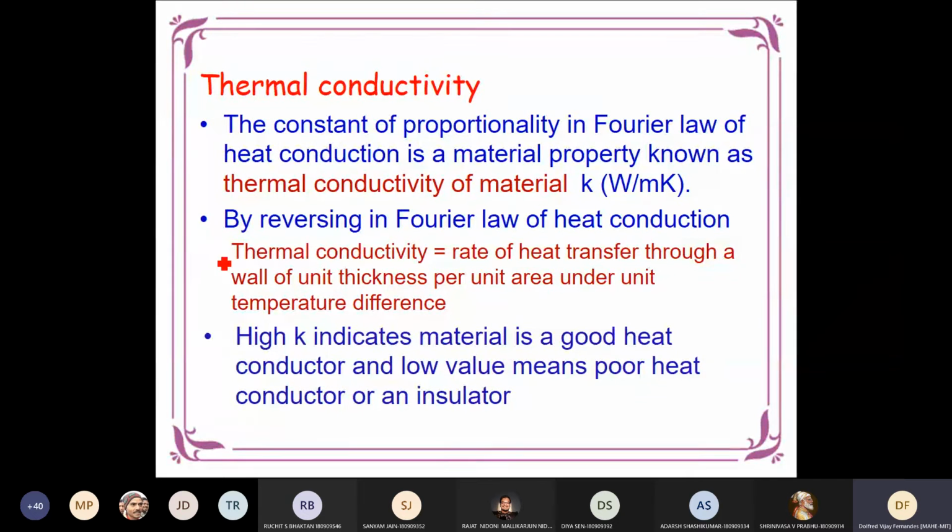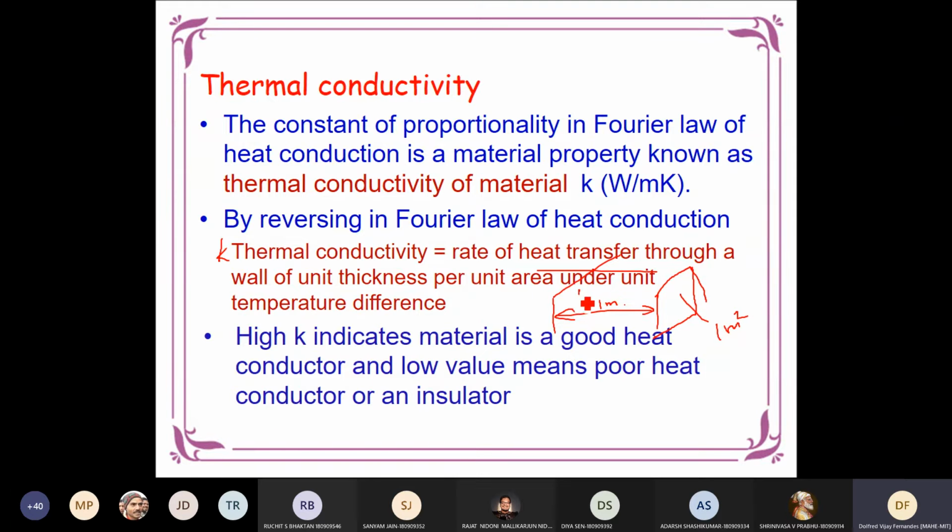Thermal conductivity K can be defined as the rate of heat transfer through a wall of unit thickness. If you are taking SI units, that means 1 meter thickness. The cross-section area should be 1 meter squared, and the temperature difference should be unit.